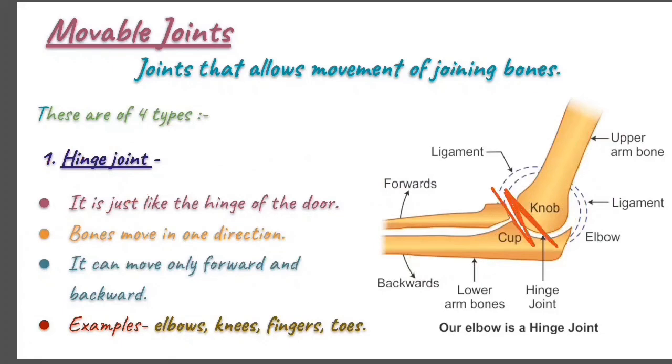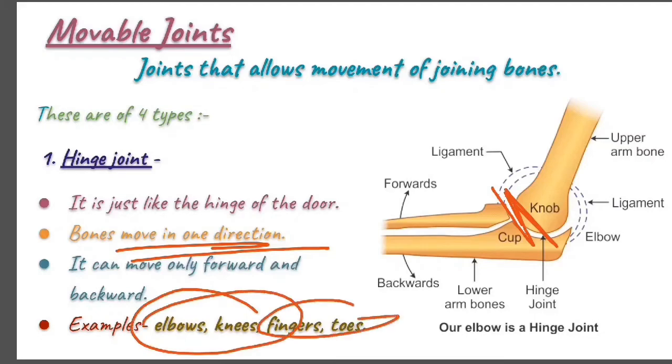It allows movement in one direction. So what is happening here? Bones are moving in one direction. The examples are elbow, knees, fingers, toes. If you observe your elbow, it goes one way and comes back, but once it opens to the extreme extent, you cannot move it further.